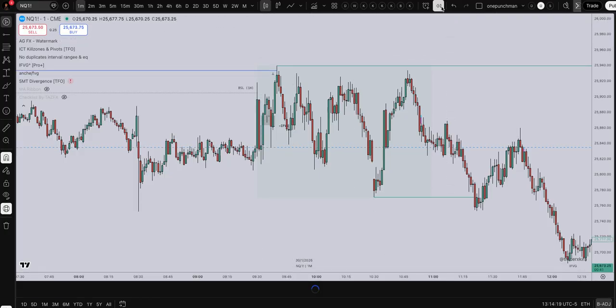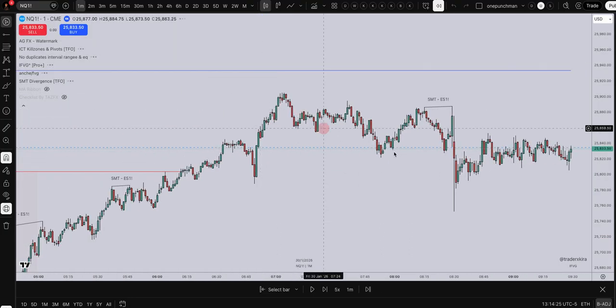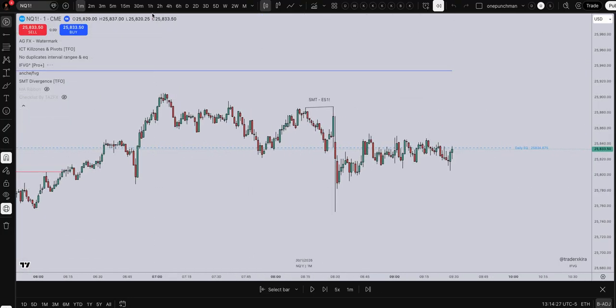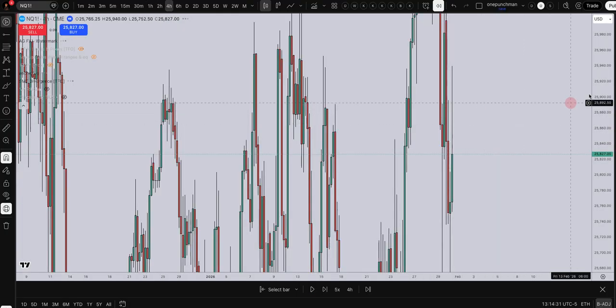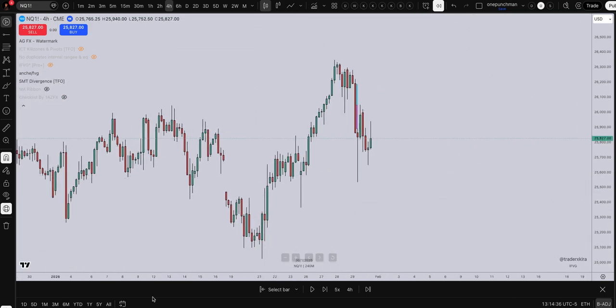So I'm just going to hit rewind here for a sec, and go back to 9:30. So this is our open. First thing I'm always doing when I'm on a chart is marking off my highs and my lows, the ERLs off the H4. I'm marking them off on the H1.